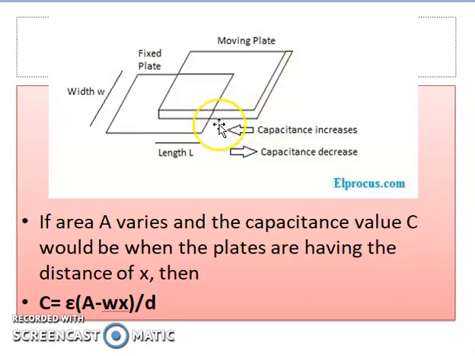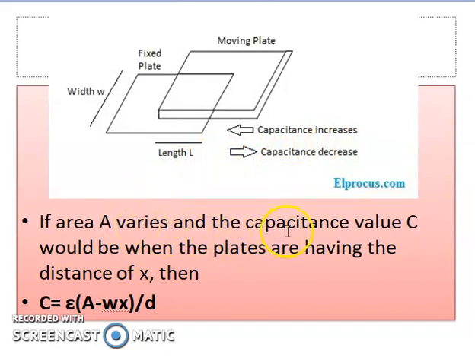In the case of the parallel plate capacitor, the first plate is fixed and the second plate is movable. When the distance is changed, the capacitance is changed, and when the distance is decreased, the capacitance also decreases.